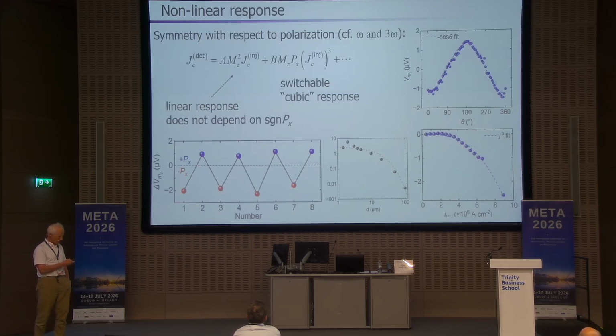So that means that the sign should change if you change the magnetization direction, and the sign should change if you flip the polarization. And this is beautifully confirmed in the experiments. And this nonlinear signal even goes up to 100 micrometers, so it's a very far distance.